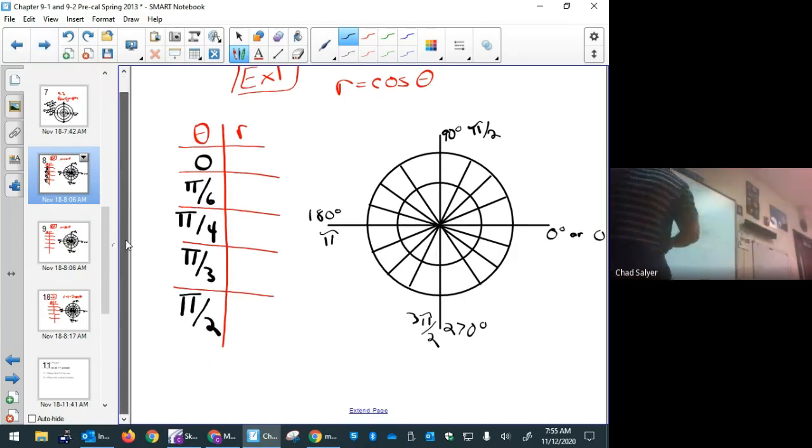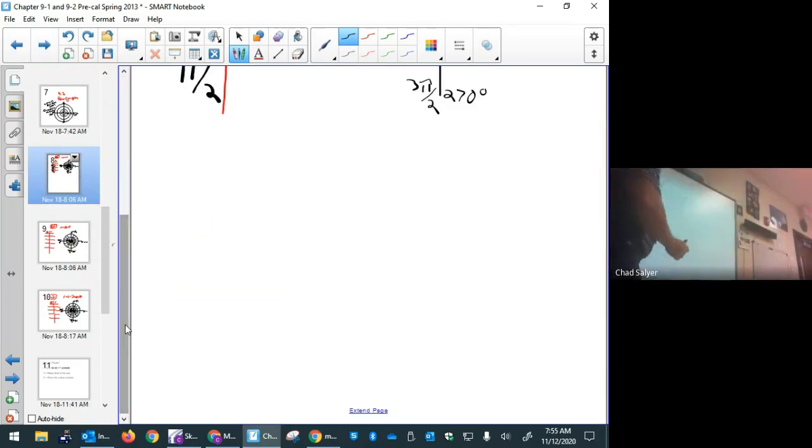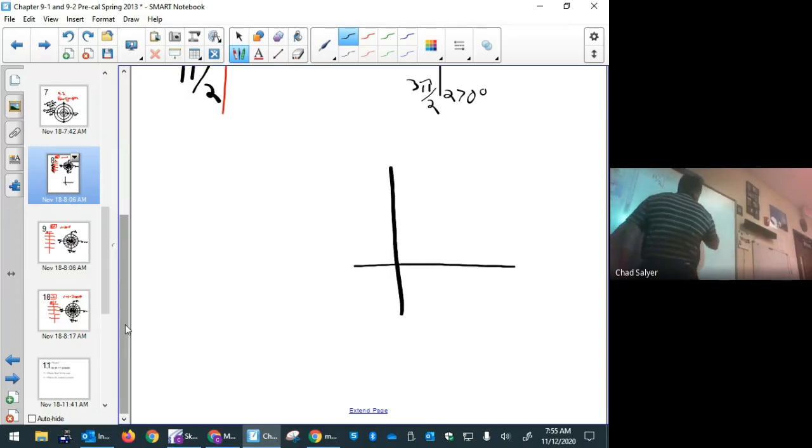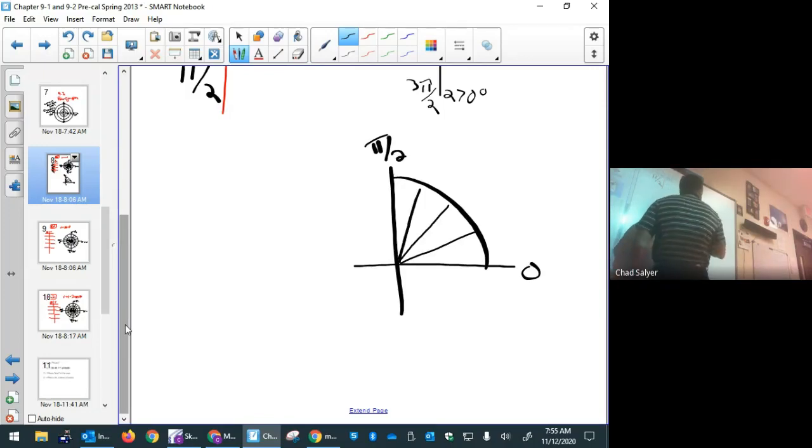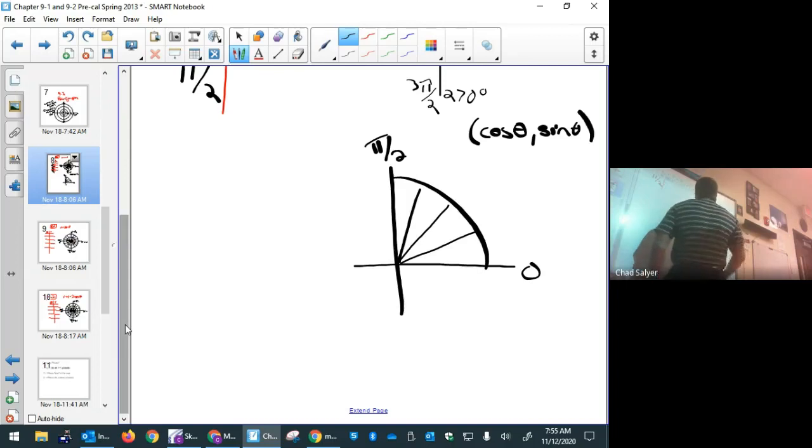All right, so let's go back again to the very challenging unit circle. Remember I told you guys, you've got 0, you've got pi over 2, and then we've got these 3 rays. And for every point on the unit circle, the x-coordinate is the cosine of theta, the y-coordinate is the sine of theta.